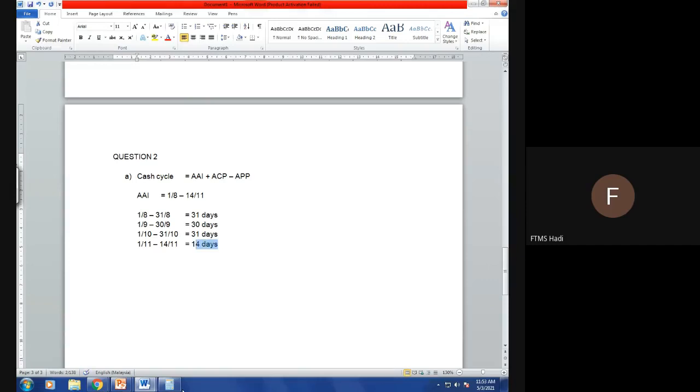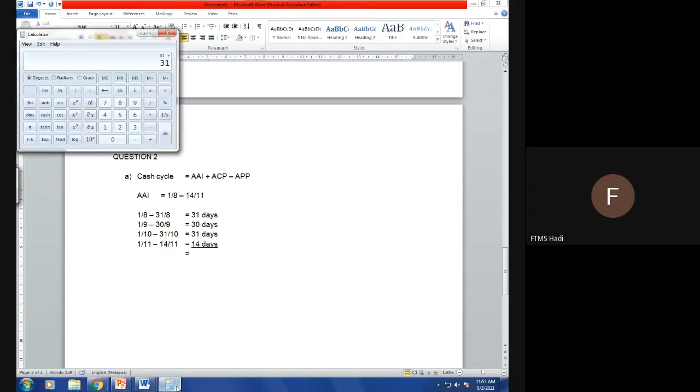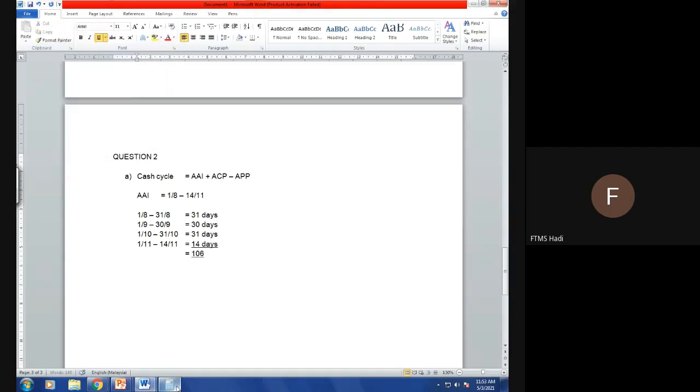Once you are done with this, the total number of days will be, press the calculator, 31 plus 30 plus 31 plus 14, which is 106 for AAI. Alright, you are done with AAI.